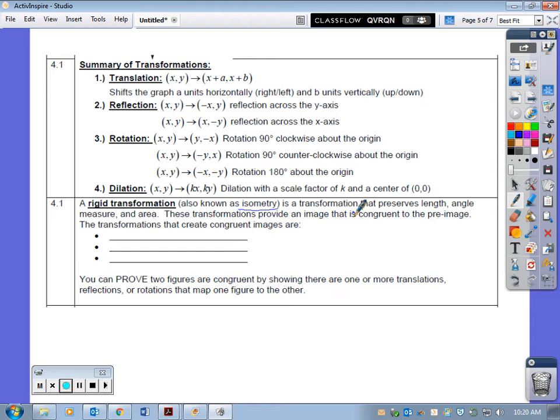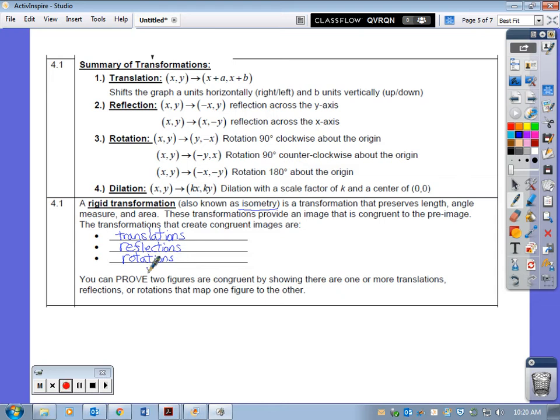The transformations that create congruent images, in other words, rigid transformations, are our translations, our reflections, and our rotations, or any combination of those.